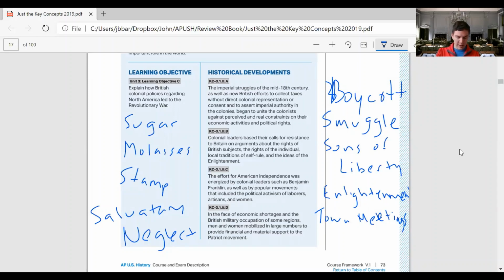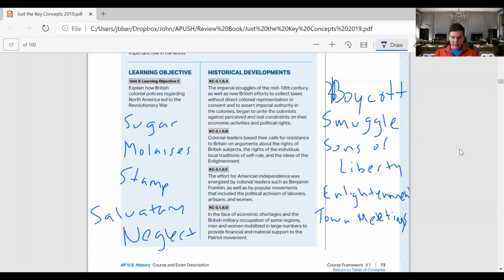And it's going to lead to a lot of popular movements where artisans and traders and everyone will boycott and take more economic action against Parliament and its agents.